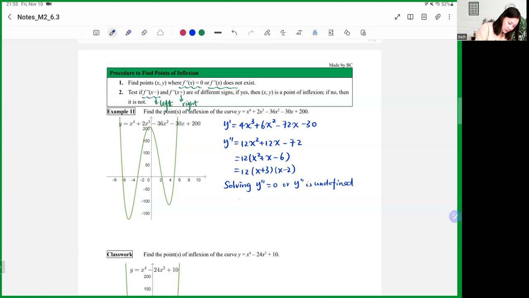So I have 12, x plus 3, x minus 2 equals 0. I have 2 points. Okay, now where are they? They're here. Negative 3 and 2.